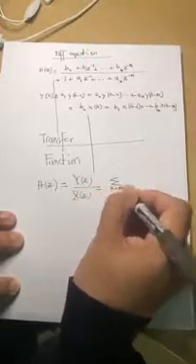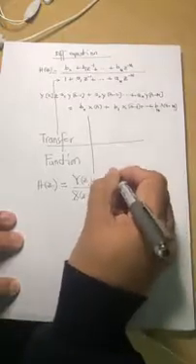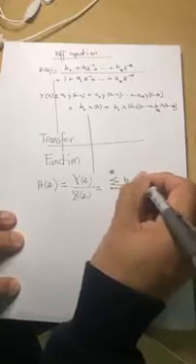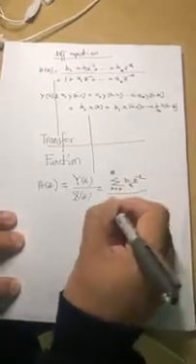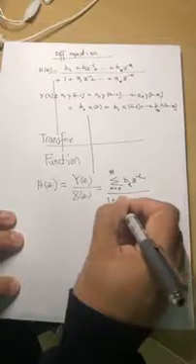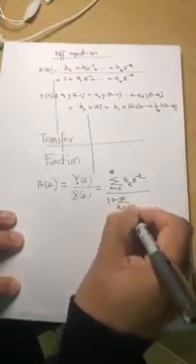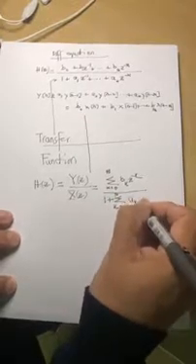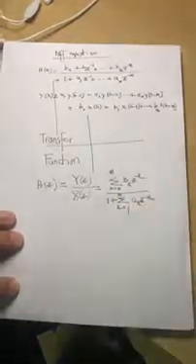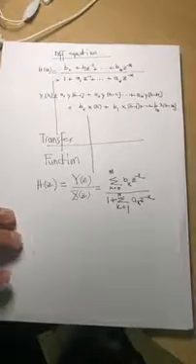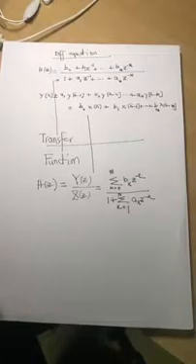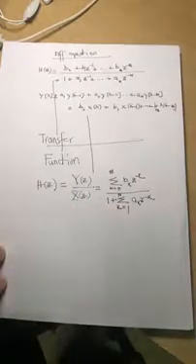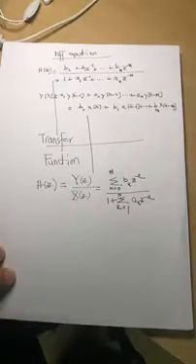The sum over K goes from 0 to M of B of K, Z to the minus K, over 1 plus, as the first coefficient is always 1 so you can write it outside, the sum from 1 to N of A of K, Z to the minus K. Okay, so the difference equation that we have seen is now written as a transfer function.